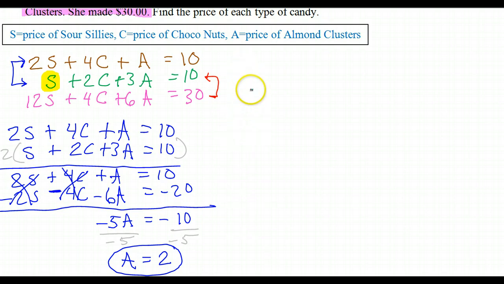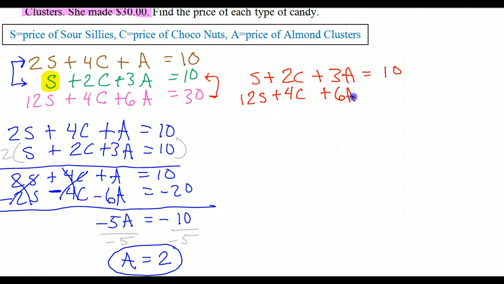So it's this. We have S plus 2C plus 3A is equal to 10. And then I have 12S plus 4C plus 6A is equal to 30.